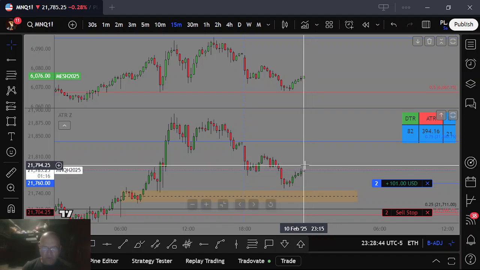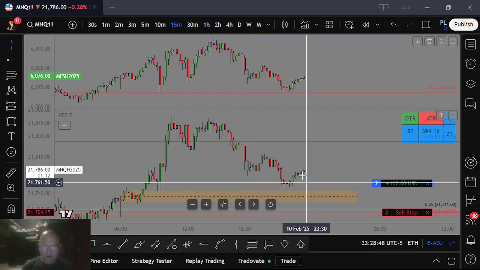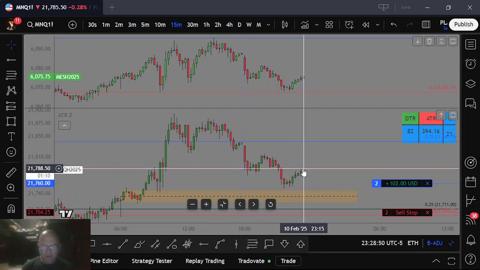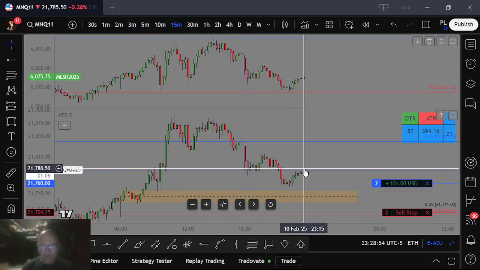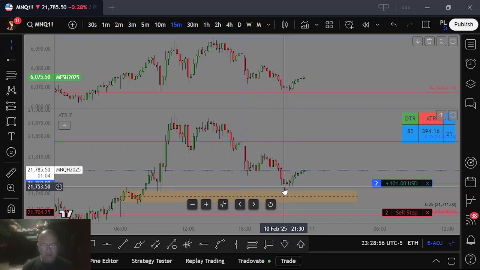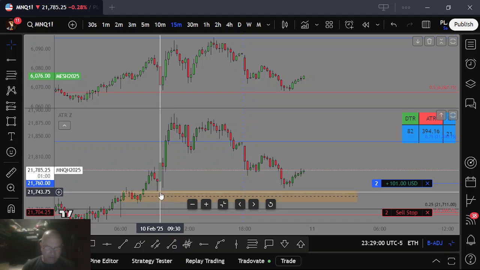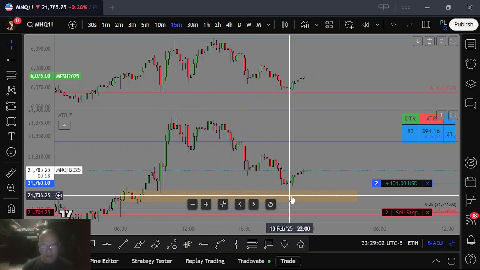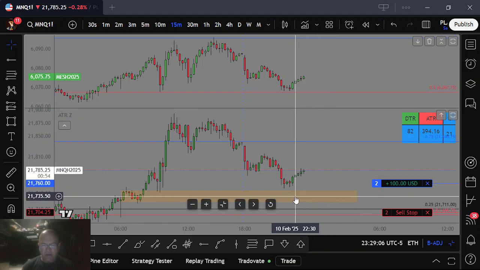What I'm looking for is for this to bounce up and then somewhere around midnight, or even London, for it to come down and sweep the Asia low, sweep this 15-minute swing point, hit the midline, and then bounce. I will add to the trade when we get to the midline.